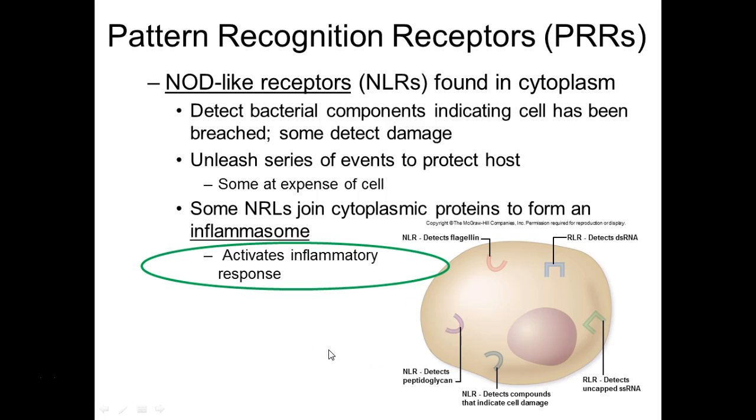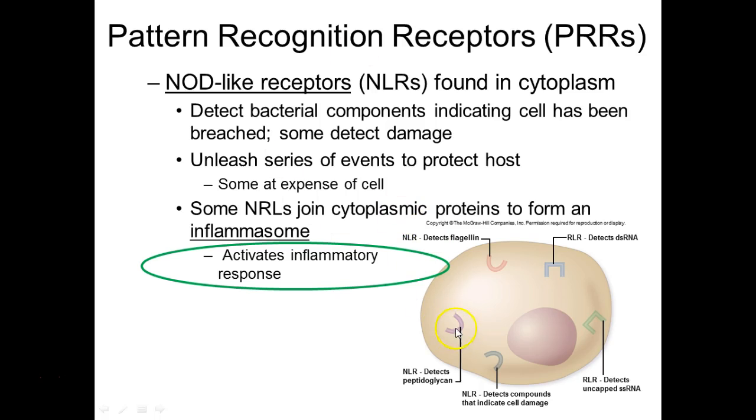So NOD-like receptors are just another set of receptors. In this case, they're inside the cytoplasm, inside the cell. So we have multiple layers of protection, not only on the outside of our cells, but on the inside of our cells to detect when stuff gets in, because some bacteria are intracellular parasites.